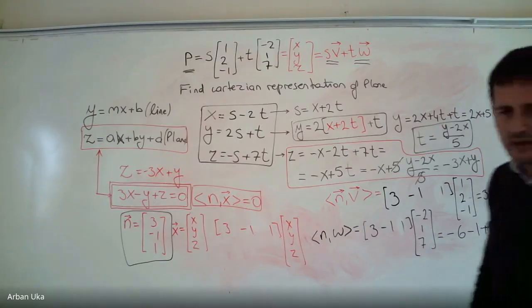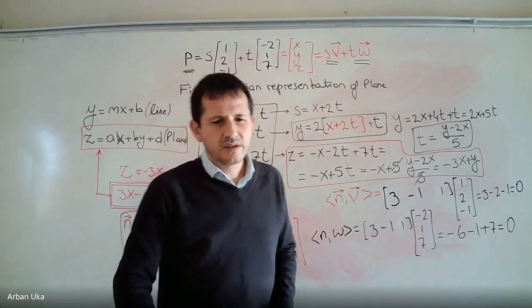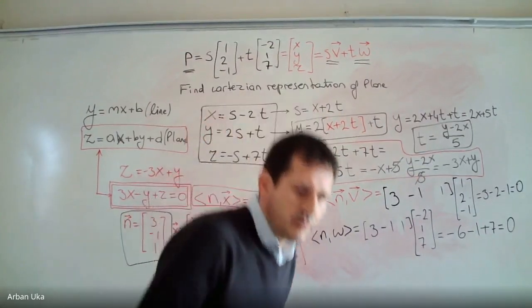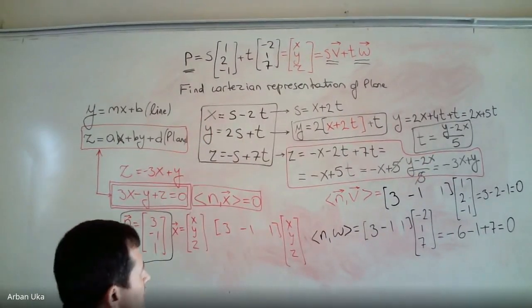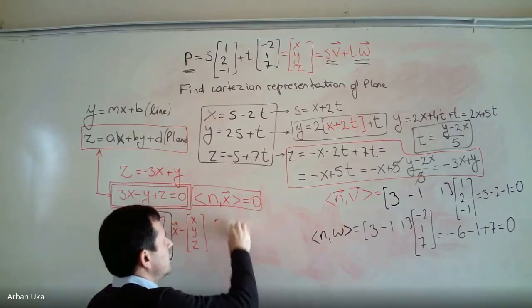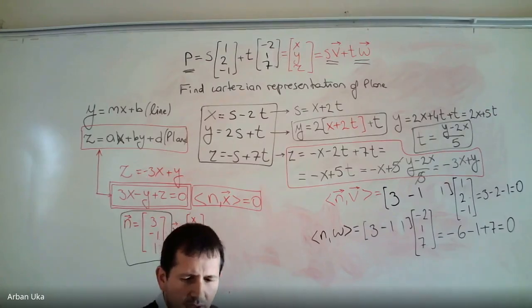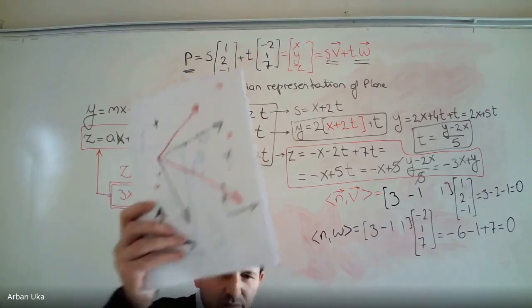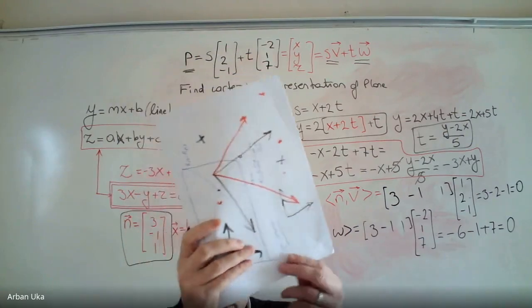So, do you have any idea why we get 0 here? Why is the inner product of n with V and n with W equal to 0? Maybe they're perpendicular to each other. But would you expect this before you calculate it? Yes, because we said that we use one vector which is perpendicular to the other vectors. I'm showing this piece of paper again because now we are used to looking at it.